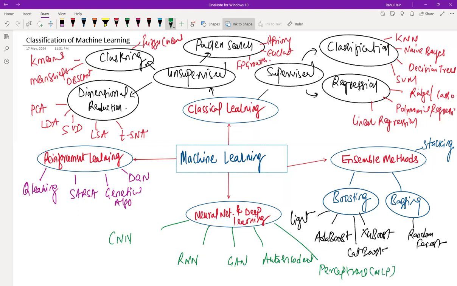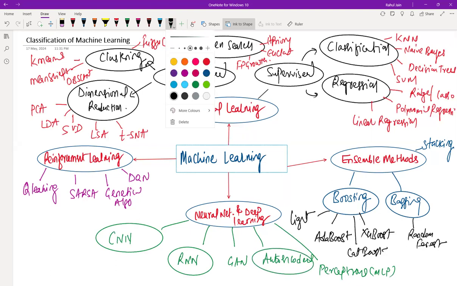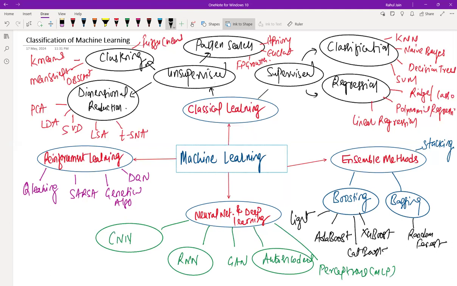If we want to classify further under CNN, the recurrent neural network, or the autoencoder, then it could be something like DCNN.